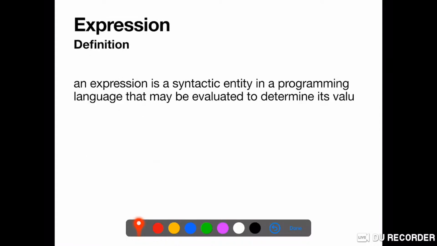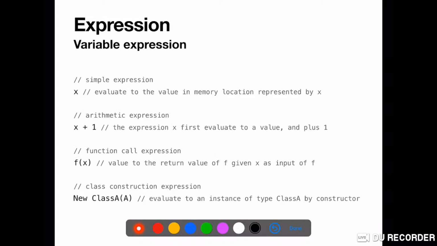So let's start from what is an expression. An expression is a syntactic entity in a programming language that may be evaluated to determine its value. Let me give some examples. You know all this kind of stuff before.